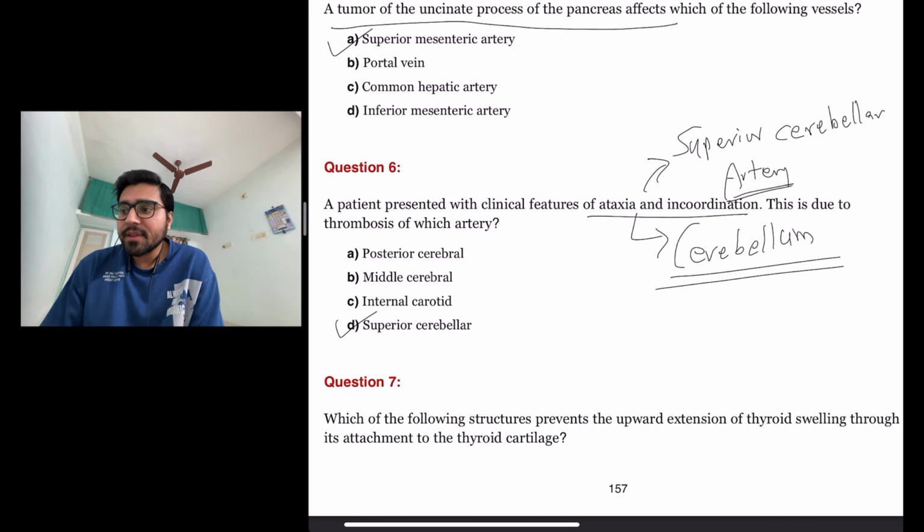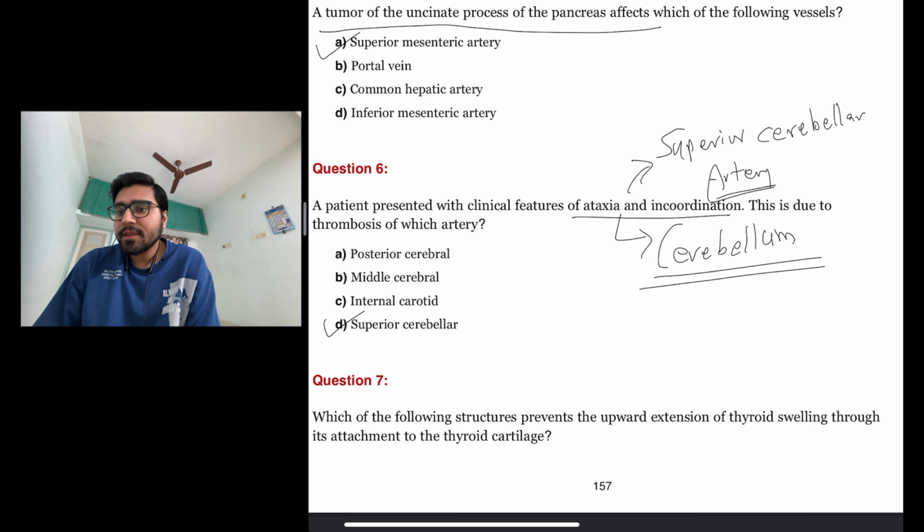The next question is, which of the following structures prevents the upward extension of thyroid swelling through its attachment to the thyroid cartilage?